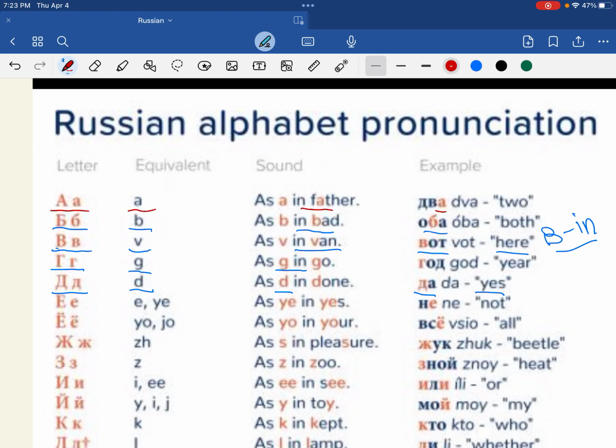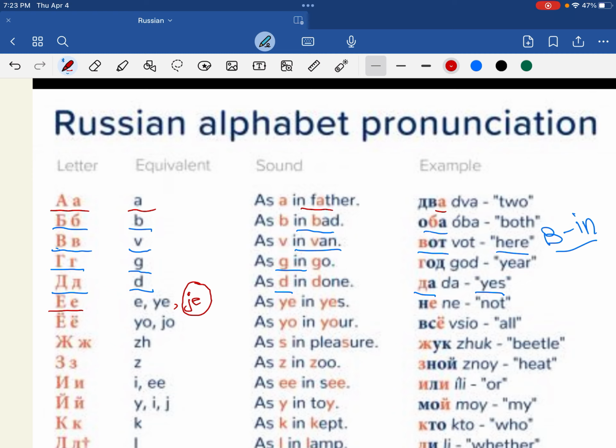The next letter is Ye. It's pronounced like ye. Also, I would add something here, and I would pronounce it like ye. For example, German speakers would pronounce it this way, like ye. Not je, but ye.